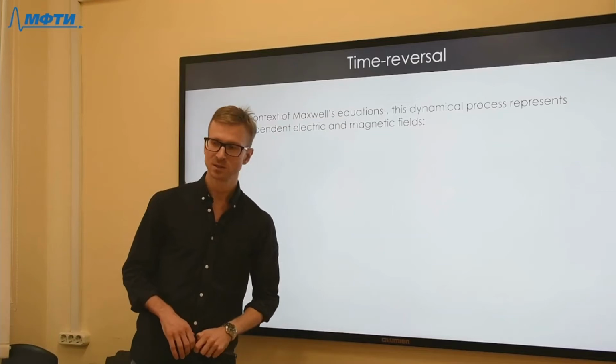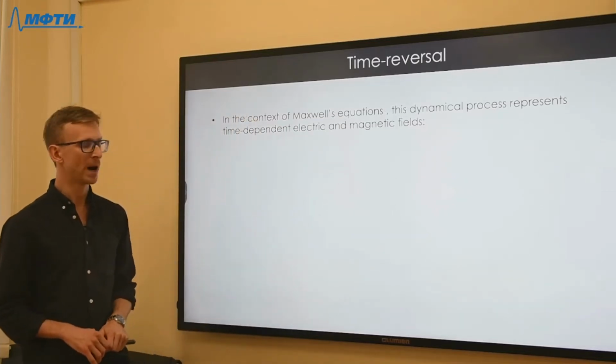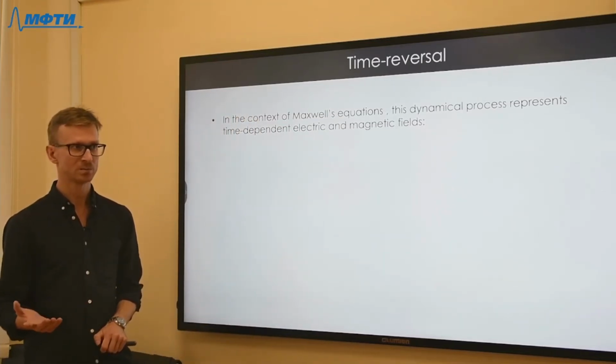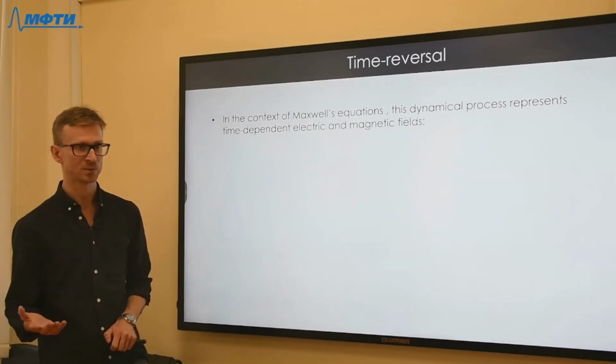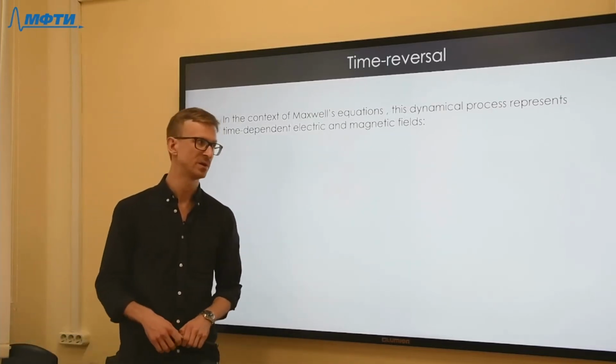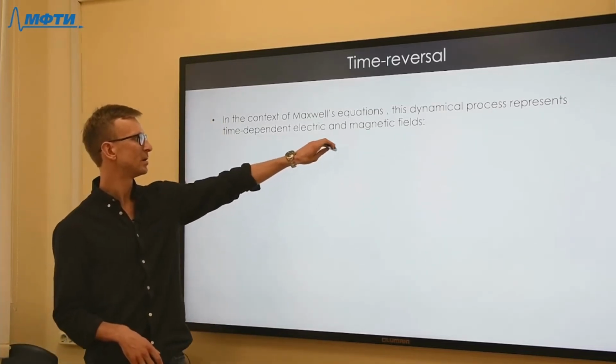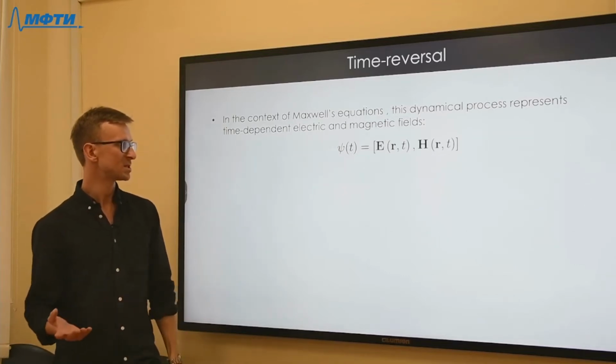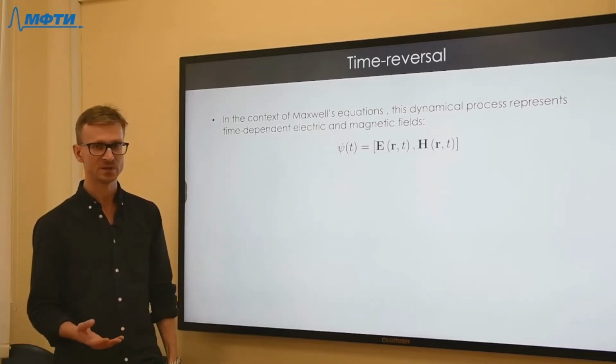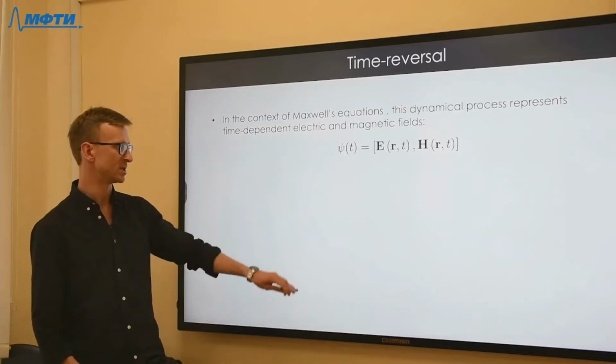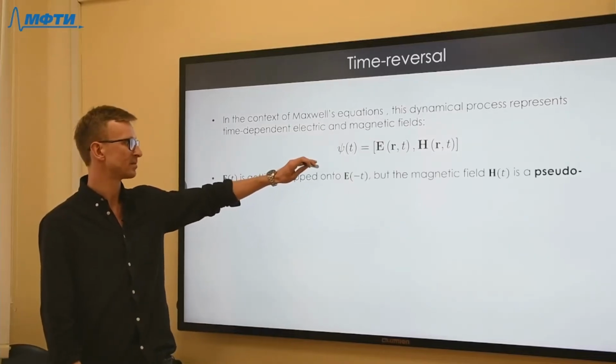So how does this all apply to electromagnetism? Well, in electromagnetism, what plays the role of this process psi? It's the electric and magnetic fields E and H. This is the pair of vector fields E and H that plays the role of this dynamic process psi.